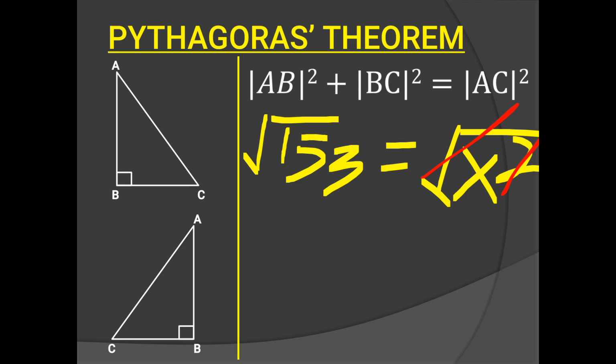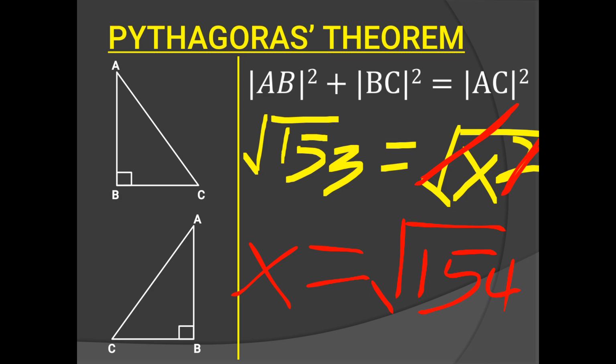So the square will cancel the square root. You can look at that maybe in one separate video. Now we have what's left? X. X is equal to square root of 153. Then you add the centimeters, meters, whatever units you'll be given. So the x, that means the hypotenuse, is square root of 153.